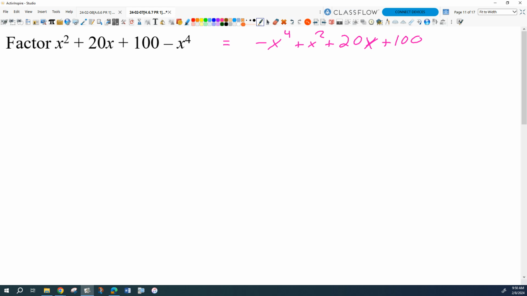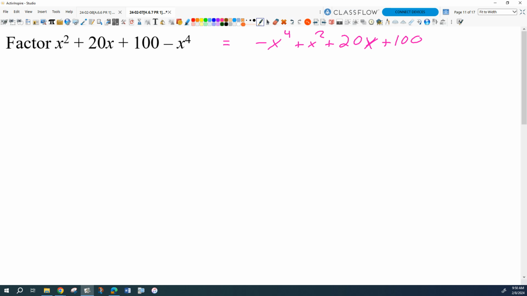Yep, we did, okay, good. So either way, that's a four-term polynomial. It fails both of those tests, right? Because A over B does not equal C over D. Negative 1 over 1 is different than 20 over 100. And the x's step down by 2 in the first group, and they step down by 1 in the second group. So give me thumbs.